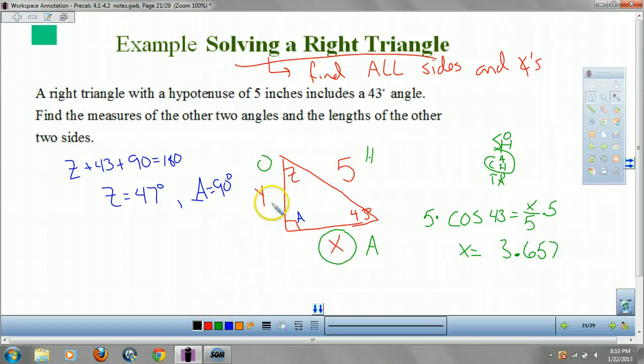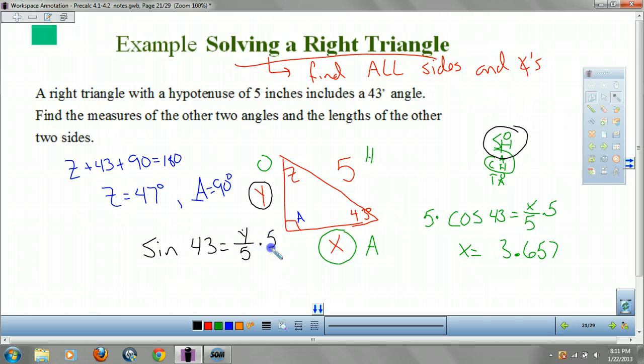Okay. Now I'm going to use trig to find Y, just for fun. Now we have an opposite and an adjacent, don't we? Let's use the hypotenuse though, because that's 5. So we're going to set up using our sine. So sine of 43 equals our opposite over our hypotenuse.